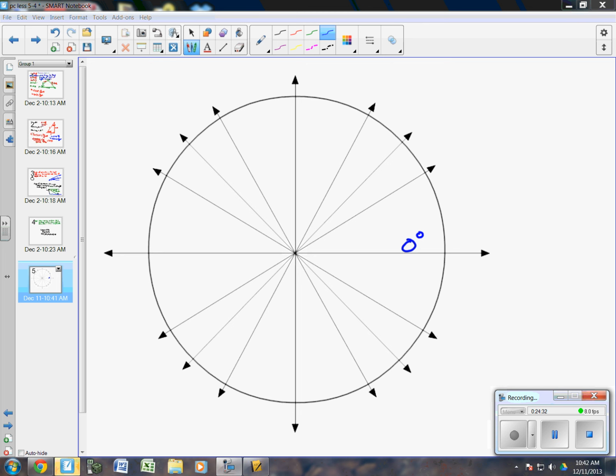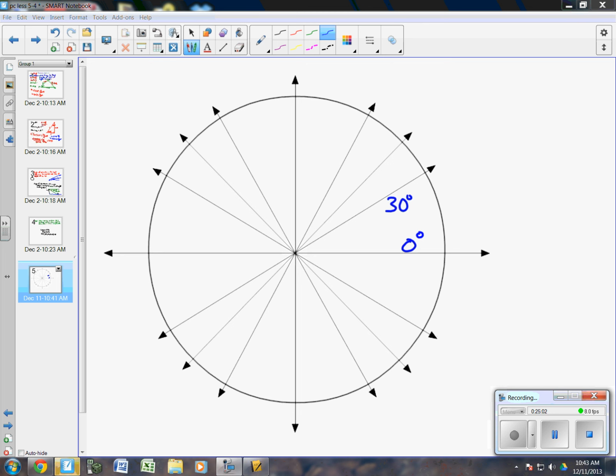Now we have 30-degree angles. Some of these go around in 30, some of them go around in 45. So without looking at the unit circle up here, don't just fill it in. You've got to understand how to memorize it because you're going to be having a quiz on it on Friday. Okay, so I know the next line is 30 degrees. And then don't worry about the 45 one right now. You guys, I've got to teach you the pattern. We're going to go every 30-degree angle. The middle one is 45 degrees, so we're going to skip that one.